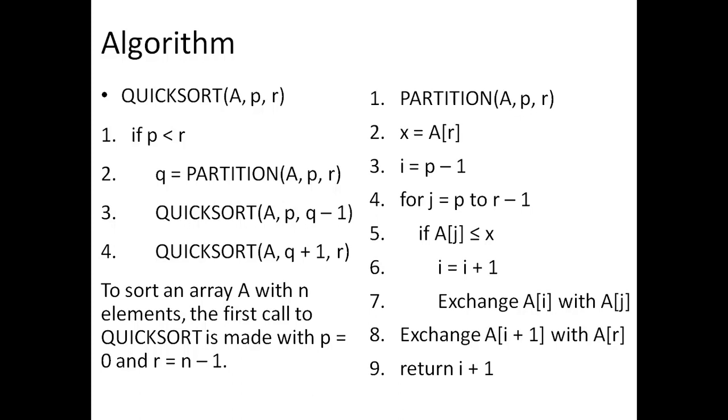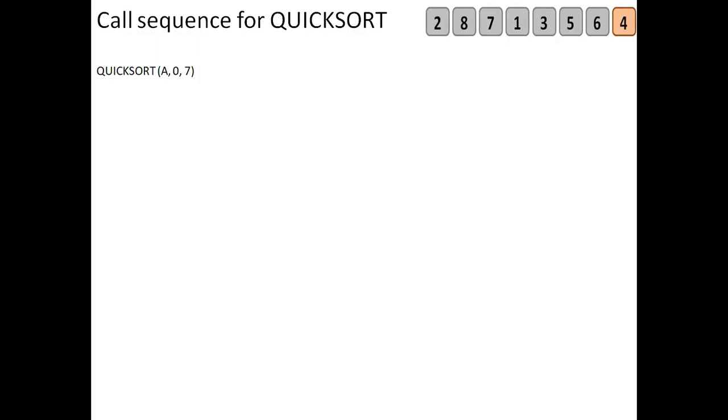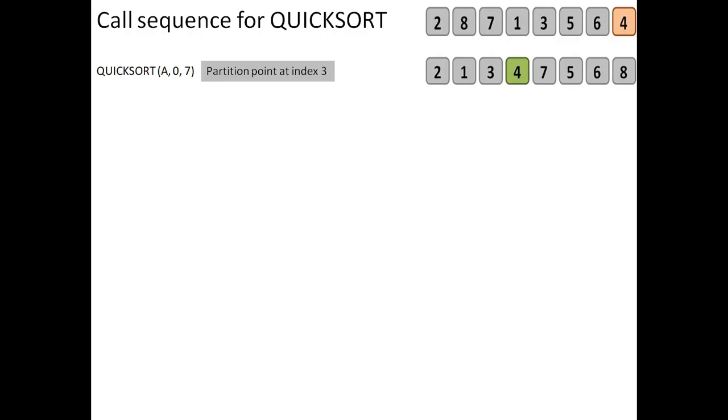This is the partition procedure which we have already discussed. If we talk about the example we have just taken, then it has 8 elements. So the first call will happen for A, 0, 7. We have just executed the partition procedure taking 4 as the pivot element, which has returned the partition point at index 3.